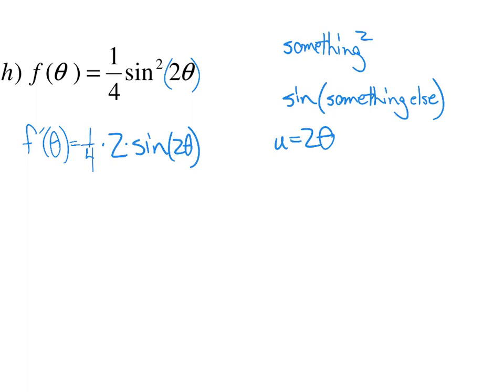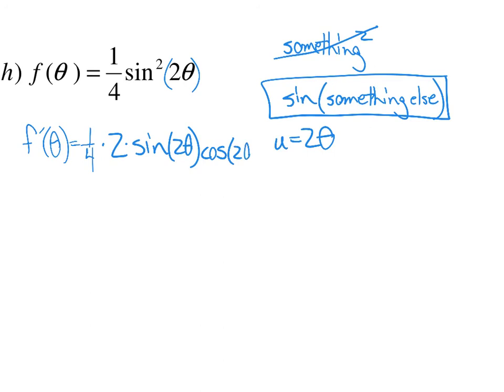Now I have to take the derivative of that first something. How do I take the derivative of sine? Cosine. So it's cosine, and the 2 theta stays put. So now I've taken care of that, but then I have to multiply by the derivative of that innermost thing, which is 2.